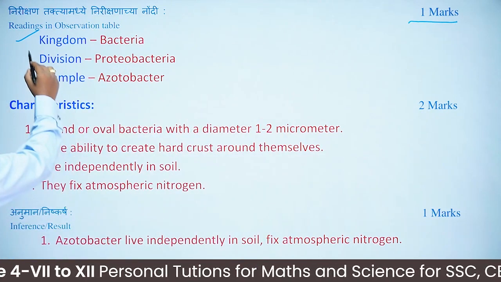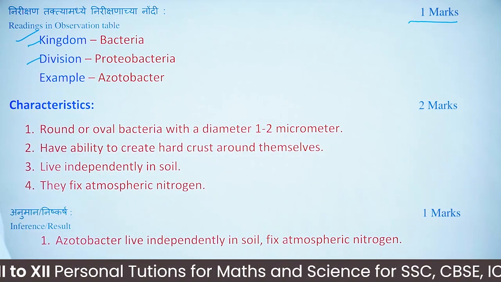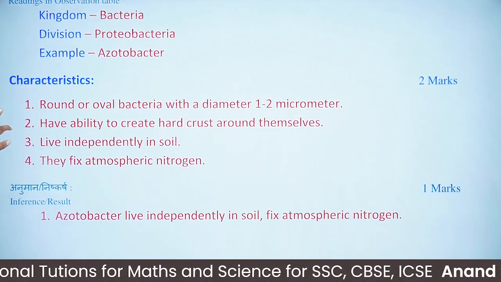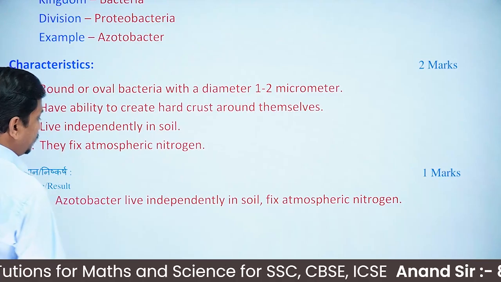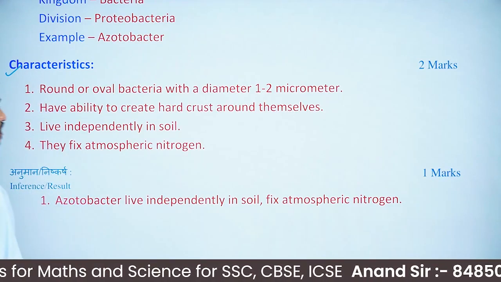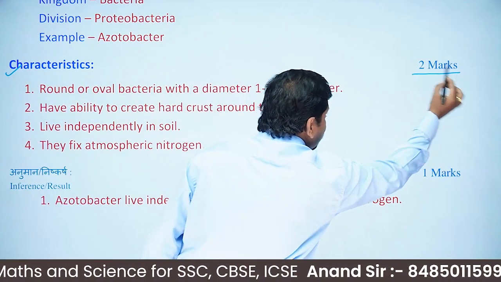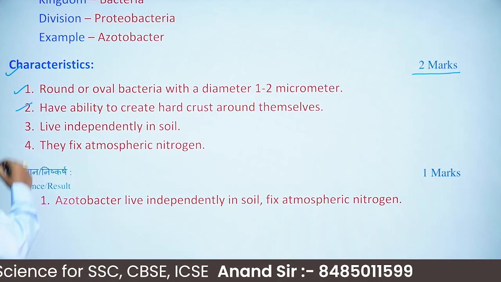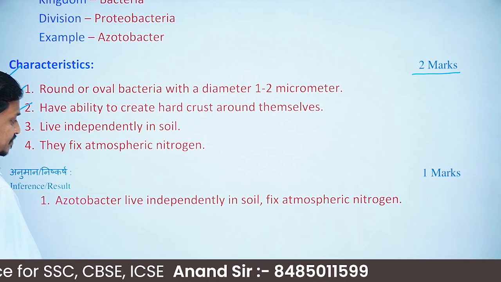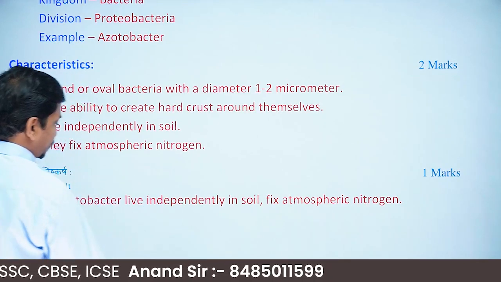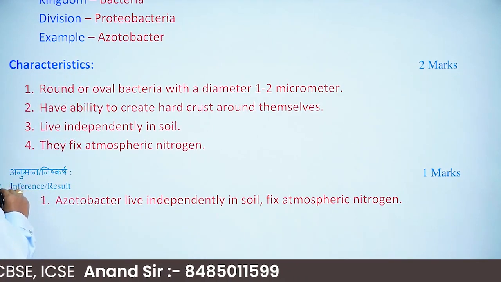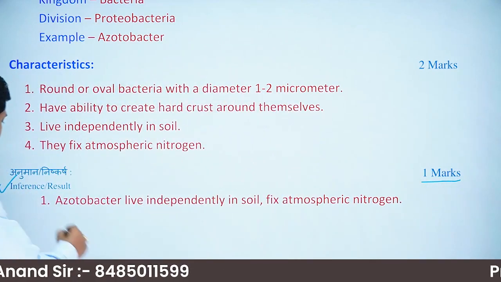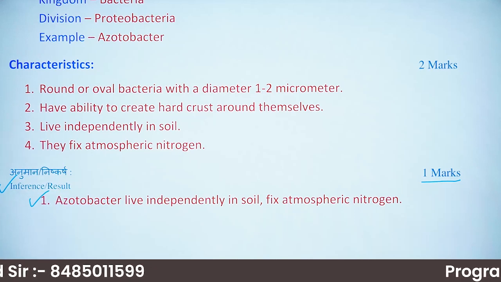For writing any 2 points, you will get 1 mark. For characteristics, you will get 2 marks. For writing any 2 points, you will get 2 marks. For conclusion, you will get 1 mark. For writing this 1 point, you will get 1 mark.